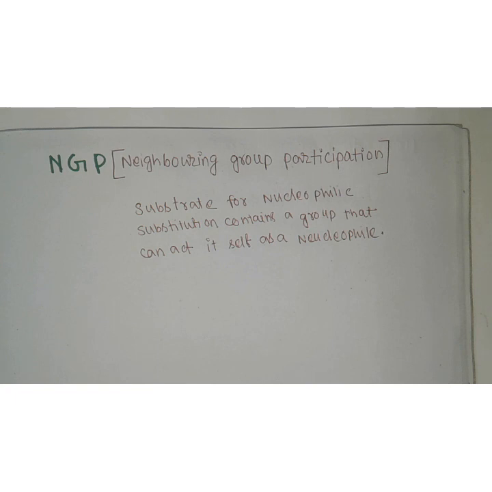NGP is often seen in nucleophilic substitution, where the group aids in the removal of the leaving group to form a reactive cyclic intermediate that leads to product formation. We must remember that NGP is strongly affected by stereochemistry. In my discussion, I will make it clear.